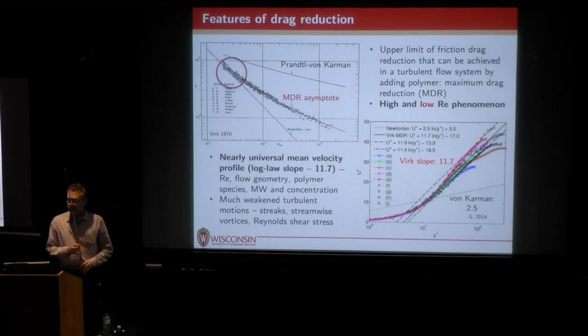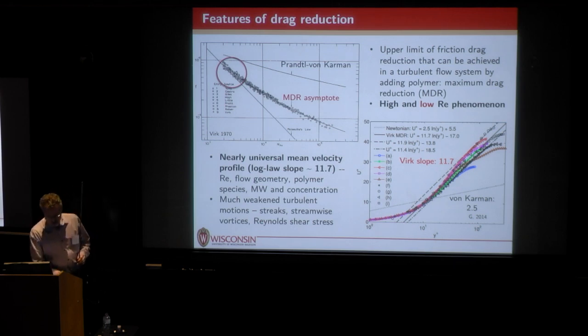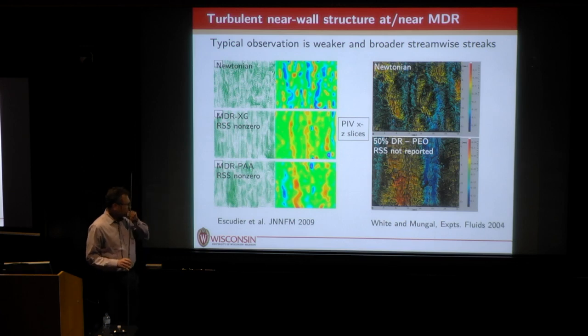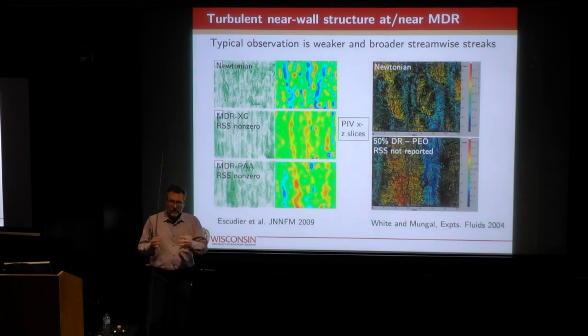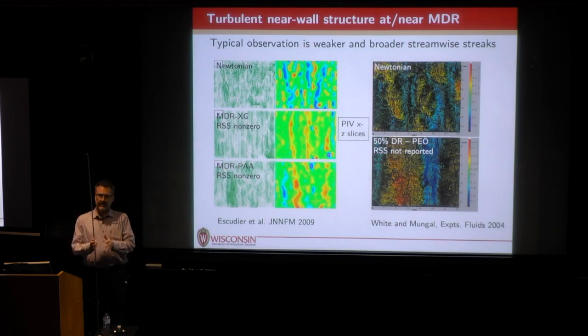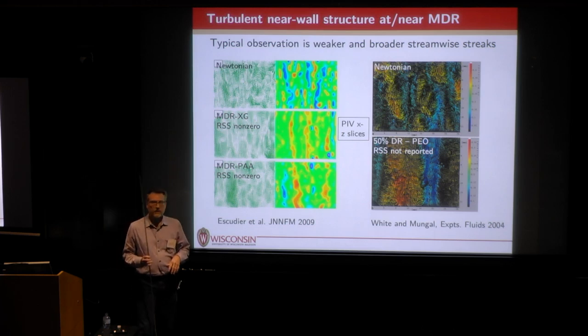Structurally, the dynamics of the flow are significantly changed when you have drag reduction. And classically, this was viewed as being modifications somehow, and I'll explain this in more detail how, modifications of the streamwise vortices that characterize near-wall turbulence, all right?